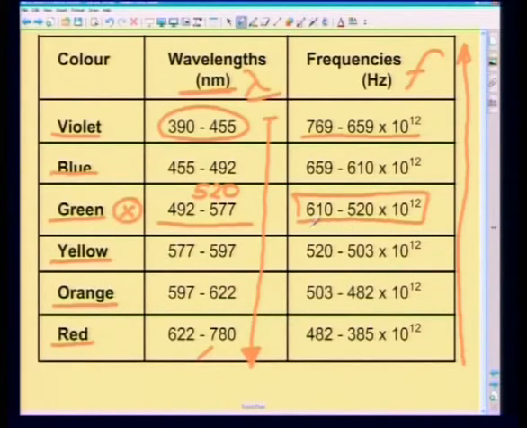The 5.77, and I need to explain this, 5.77 by 10 to the 14 hertz is here for frequency. Now, why am I having to the power 14 here? Because I'm writing my answer in scientific notation as 5.77.